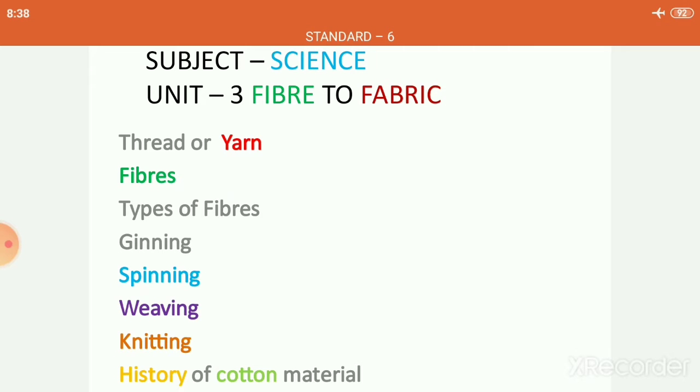So I just gave you the list of points which we'll discuss in today's session. You remember, we'll talk about the thread or yarn, that is, of fibers. Then we'll talk about the different types of fibers. Then we'll talk about the ginning process.